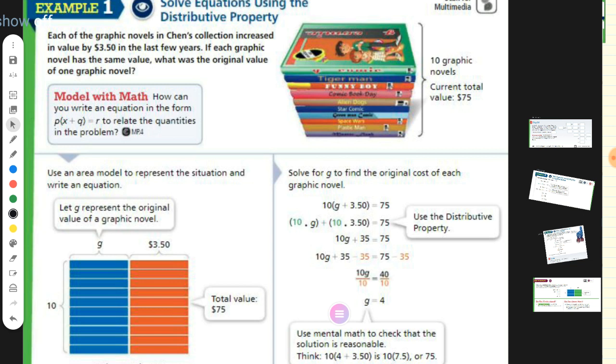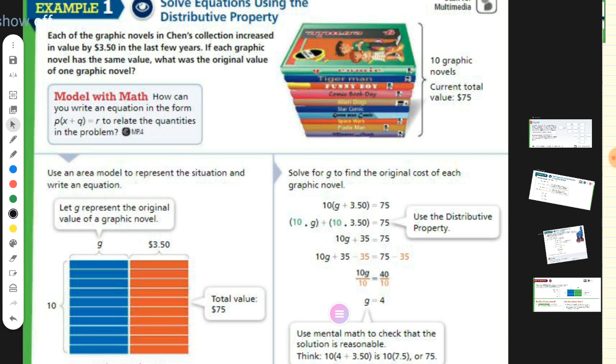If I want to sell them again, I will add 3.5 for each one. So in the last few years, if each graphic novel has the same value, what was the original value of one graphic novel?